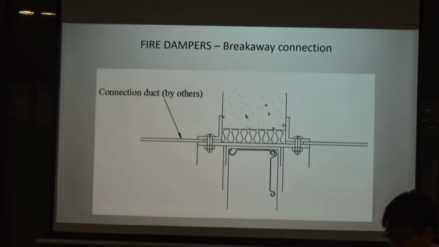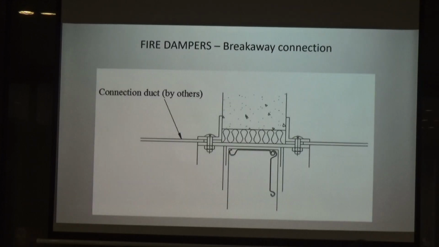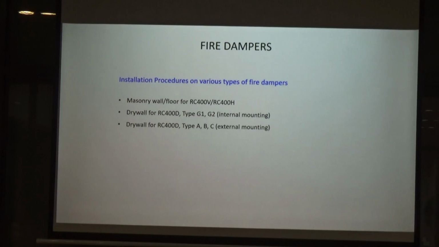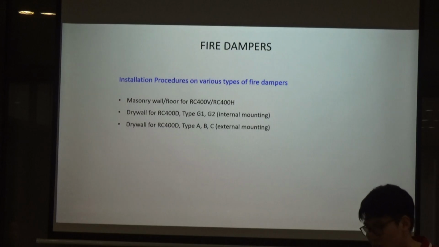So those are the 4 important points for fire damper installation. Next we will go to the installation procedures on various types of fire dampers. There are basically 3 major installation procedures.